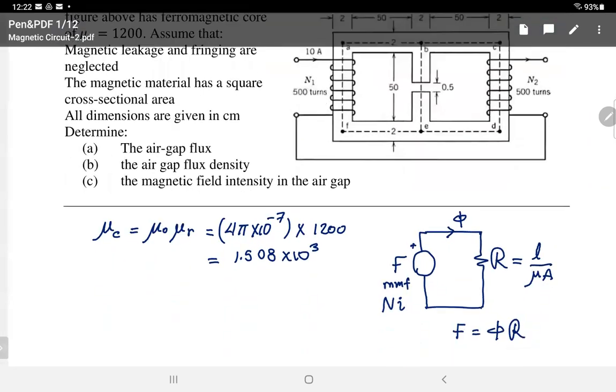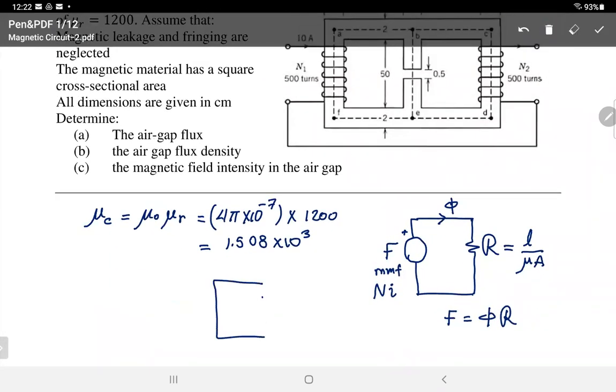If you have a core like that, I'm sketching one part, and you have the coil like that, and you have the current, the magnetic flux goes everywhere, so part passes through the core, and there are parts that do not go through the whole core, they go in the air like these two rings here. There are many, I just show it in a simple way, there are many rings, but they are small. So here the assumption is they are going to be neglected.